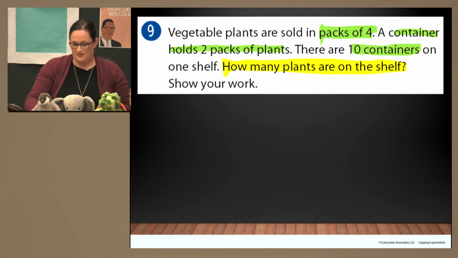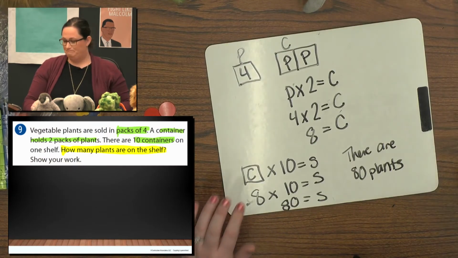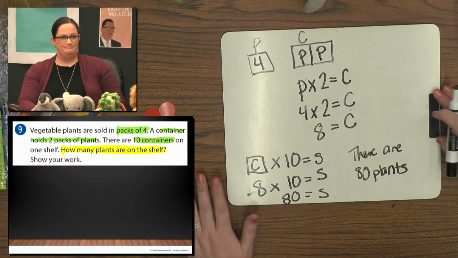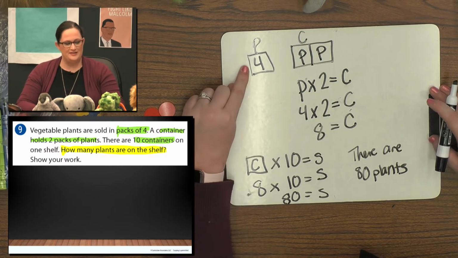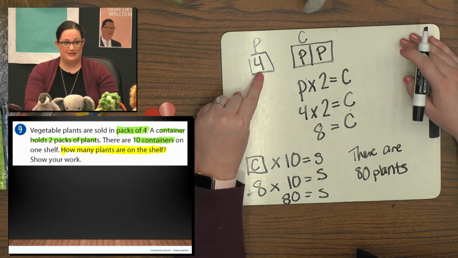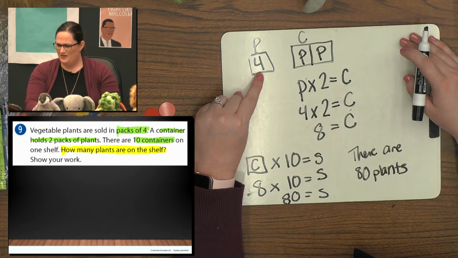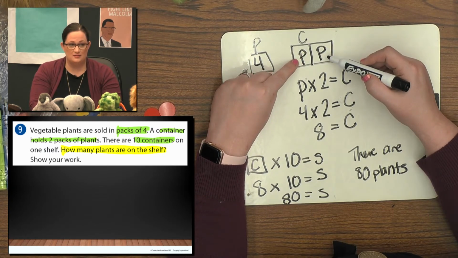Okay, friends, take a look at my whiteboard. Let me explain my thinking. This represents one pack. A pack has 4 plants. And then it said, a container holds 2 packs.